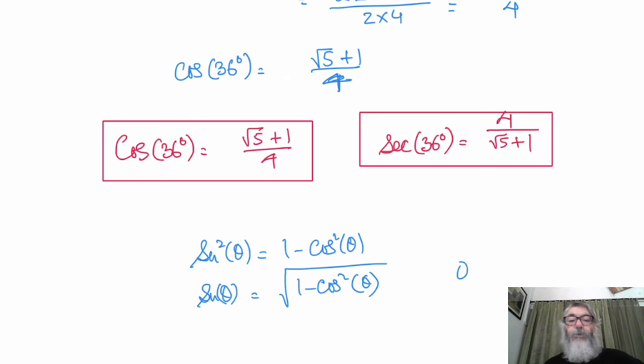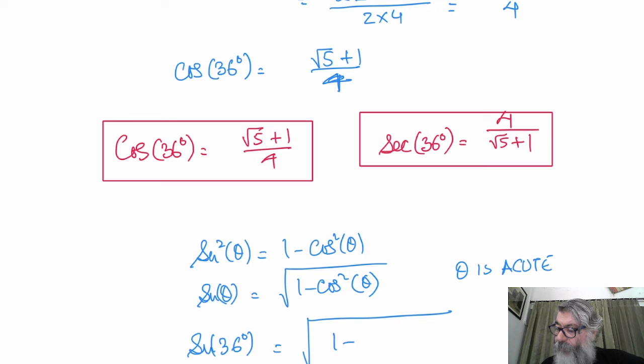Theta is acute because it is 36 degree, so it is going to be positive. So I'm not going to take the negative sign before the square root. So sin 36 will be equal to root of 1 minus cos square theta, so root of 1 minus root 5 plus 1 whole square upon 16.